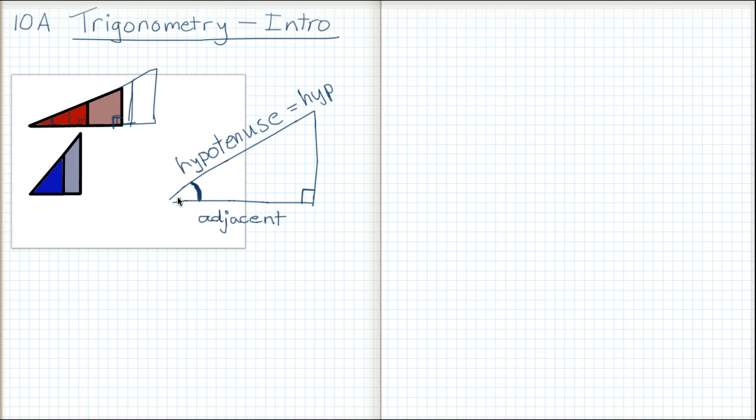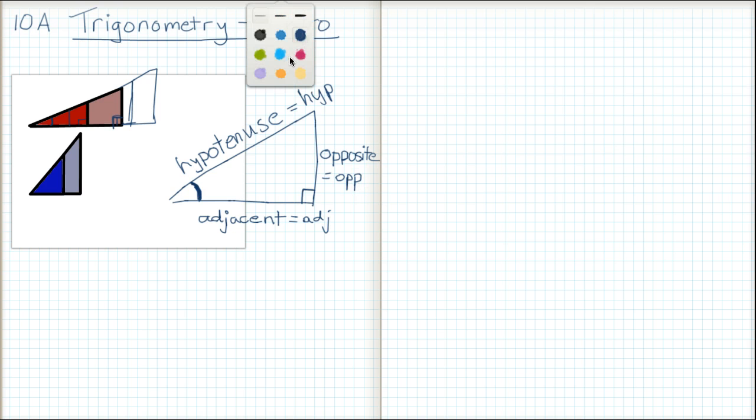And the side that is across from it over here is called the opposite side. Again, we have abbreviations. We can call this ADJ for adjacent, and here we can call this OP for opposite.